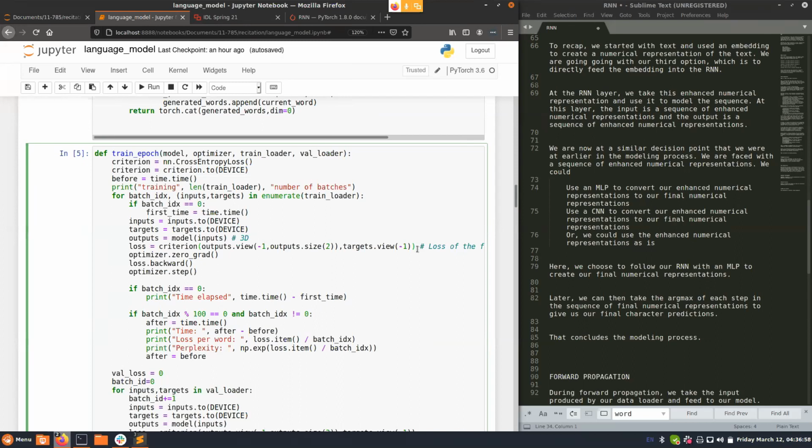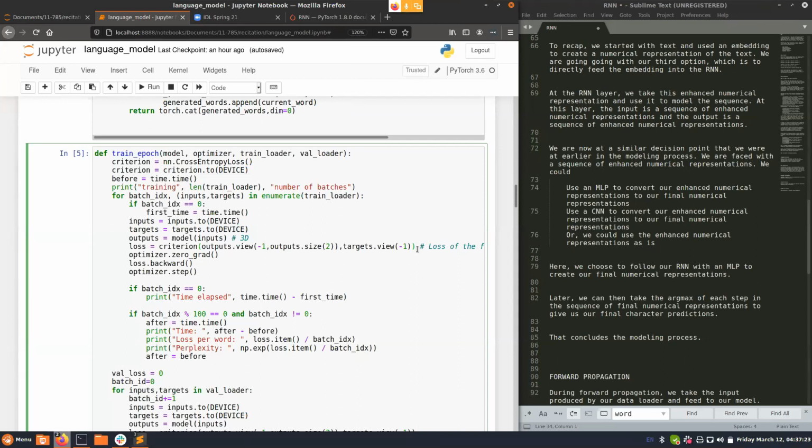So to use the loss, we want to look at what we get for all of the time steps.